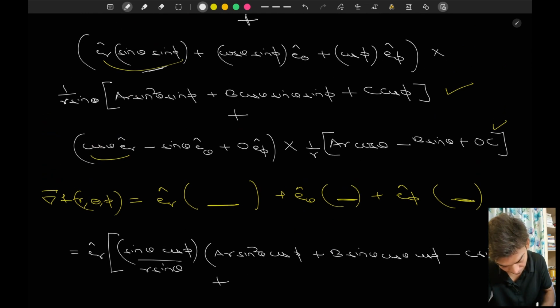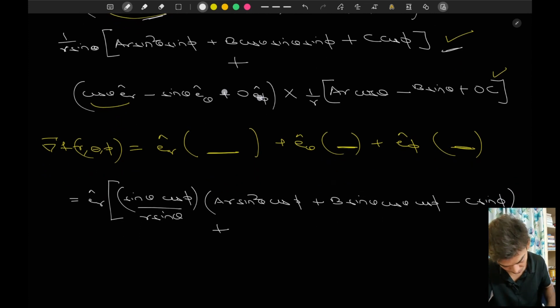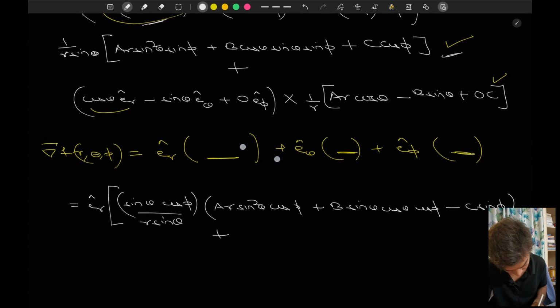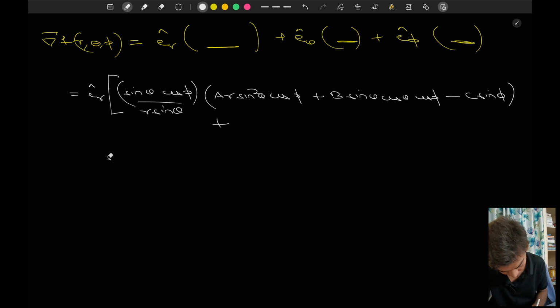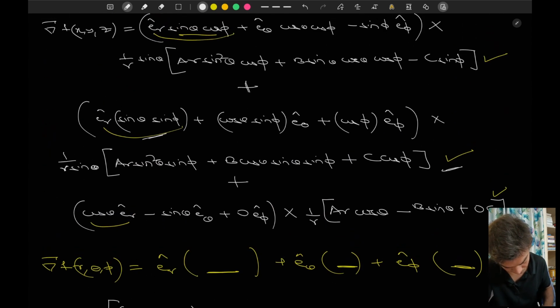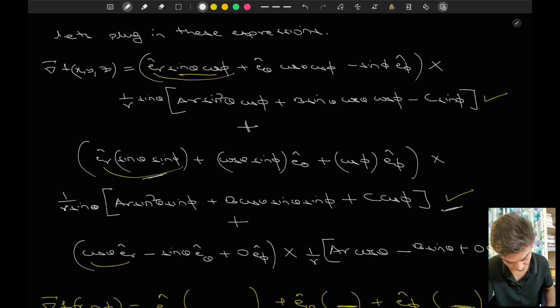Plus we will have another term, which is when this guy gets multiplied by this guy. So we have another term, which is sin theta sin phi, upon 1 over r sin theta.